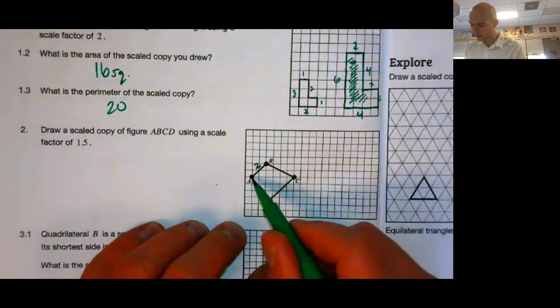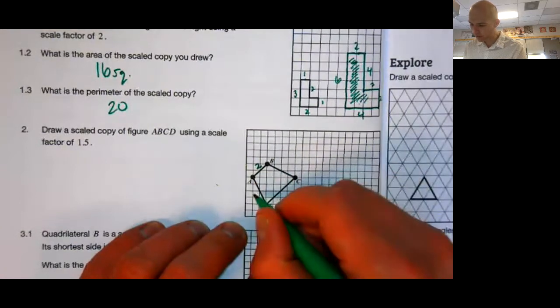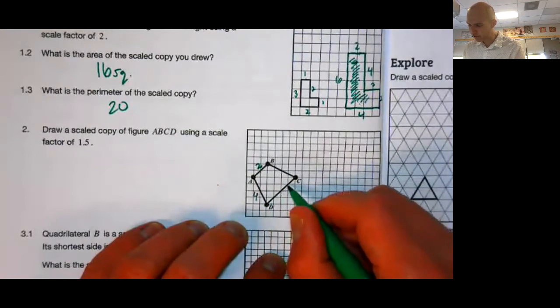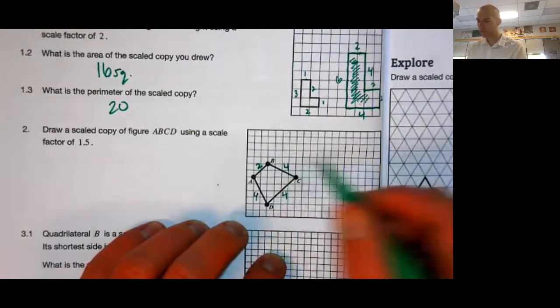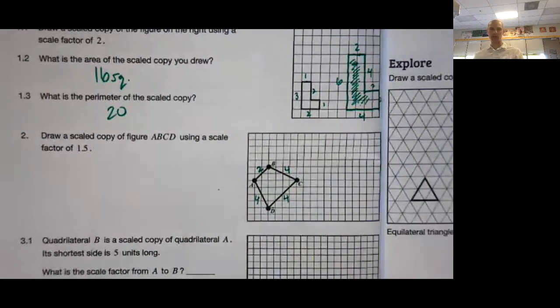So let's see here. 1, 2, 3, 4. Okay, this one, 1, 2, 3, 4. And this one is 1, 2, 3, 4. All right, so all the other sides are going through 4 except for side AB, which is only going through 2.